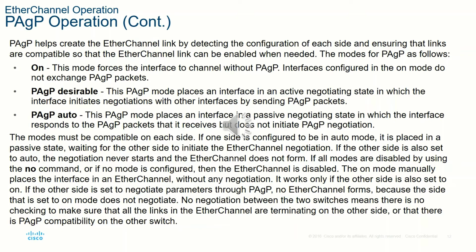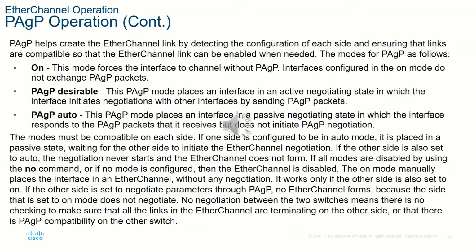It will be in listening mode. It will wait. It will not initiate, and it will not negotiate the EtherChannel creation with the other end of the switch. If any other switch sends negotiation PAgP packets, then it will respond to that packet.